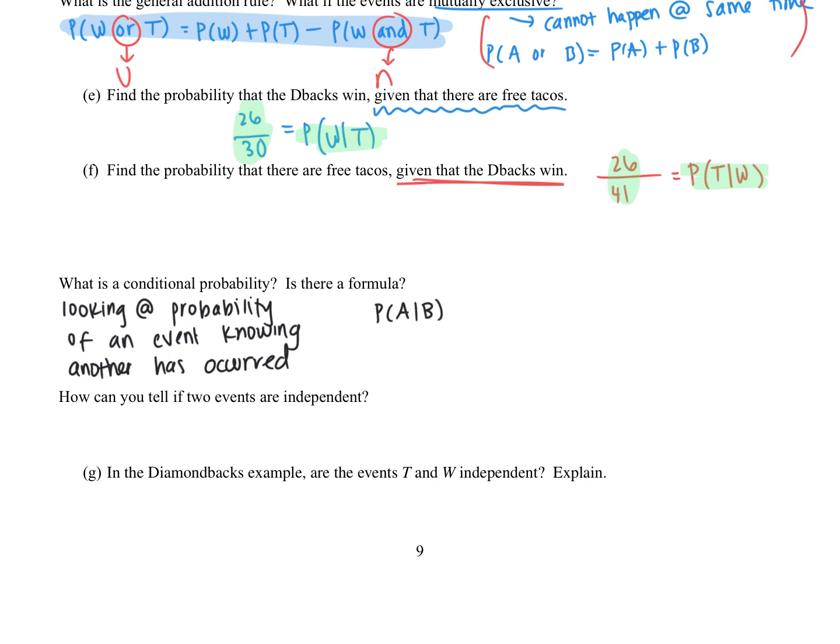So something like this is saying find the probability of A if we already know that B has occurred.